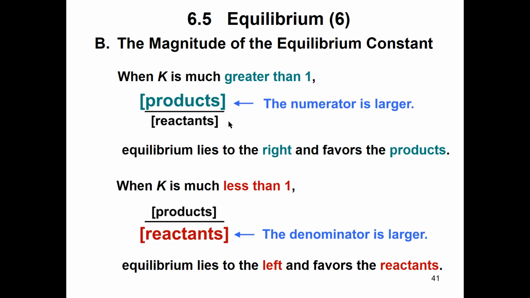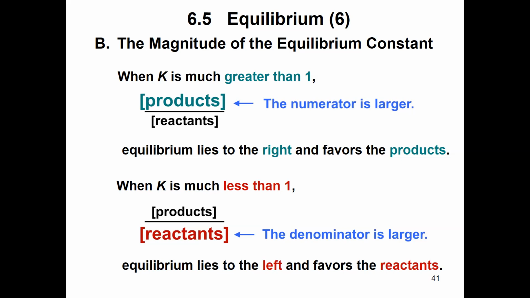So it would be an equilibrium, for example, that would have 99% of product and only 1% of reactant, for example, right? Equilibriums can be that lopsided, yes. When you have a K that is much less than 1, that means the numerator is small compared to the denominator.